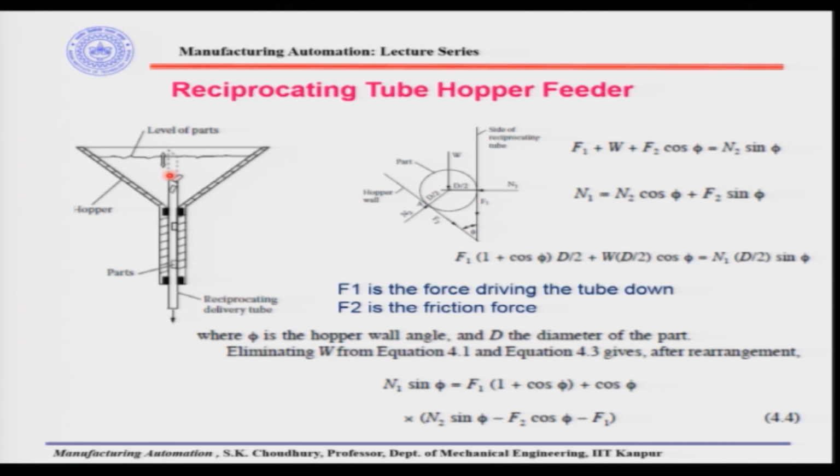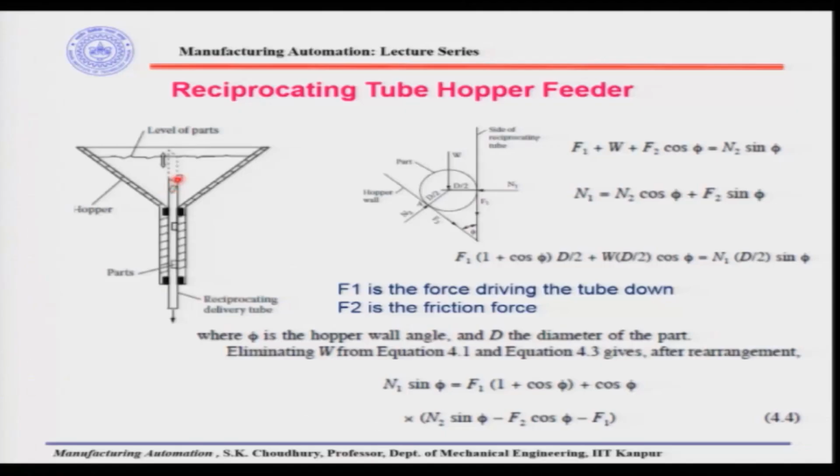The reciprocation can be made by a cam device, or by any mechanism which can reciprocate the tube. While it is going through the mass of the parts and above the mass of the parts, since this tube is hollow, the parts from the mass in the bowl will come one by one and go inside it, and then come out of the bowl feeder at the exit.